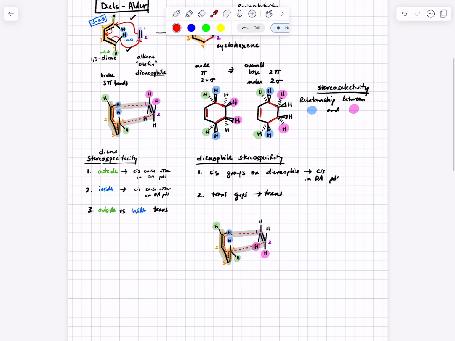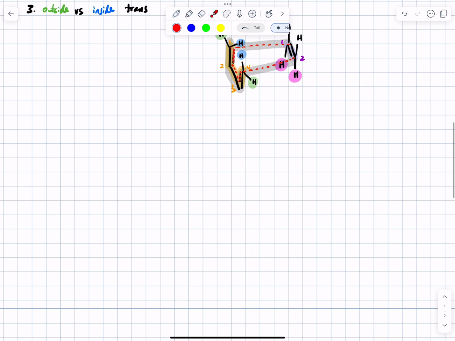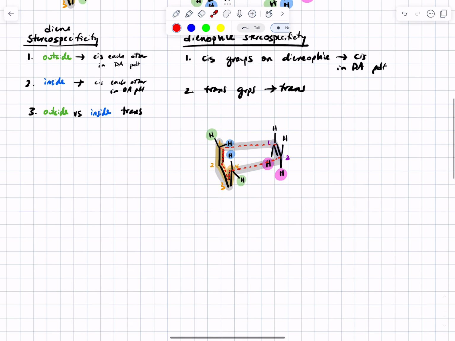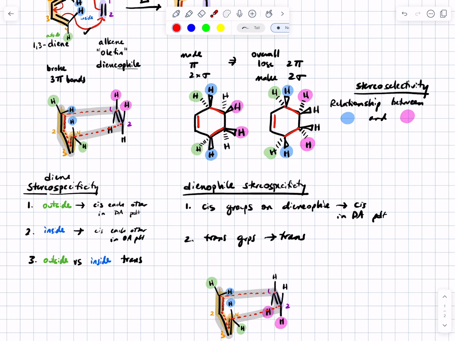The other, and we're going to do this with examples, but before we do, yes? So the relationship between blue and pink, they can be cis or trans? Is that what you're getting at? Okay. Yeah, the relationship between blue and pink can be cis or trans. In certain situations, one will be preferred over the other, and I will illustrate that. Yes?